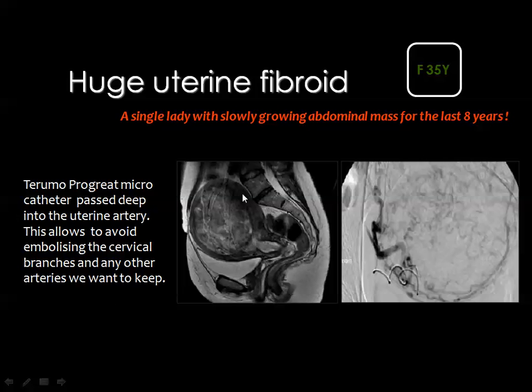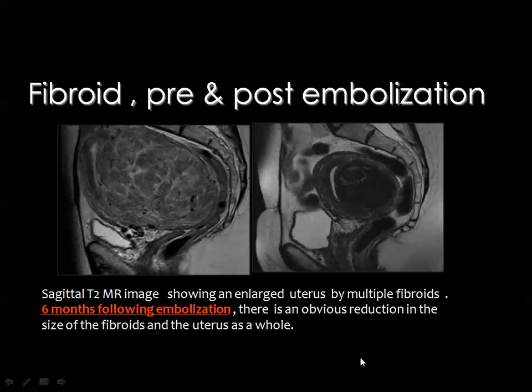And in cases of big uterine fibroids, when you want to decrease the size or let this fibroid shrink, you may embolize the feeding artery. And this is an example of a huge uterine fibroid that was treated by uterine artery embolization.